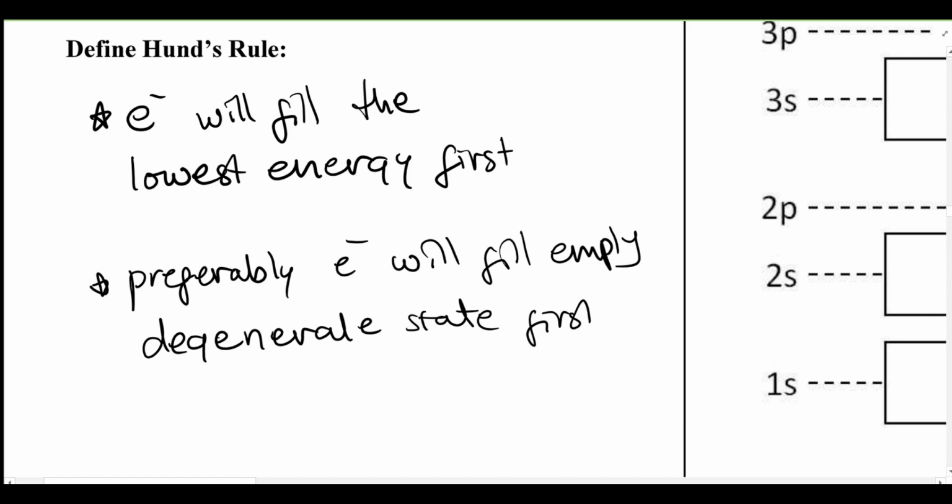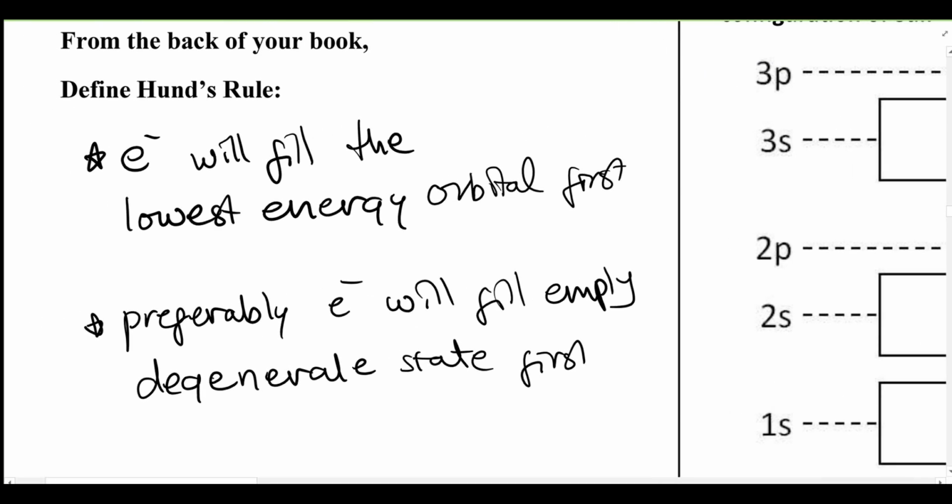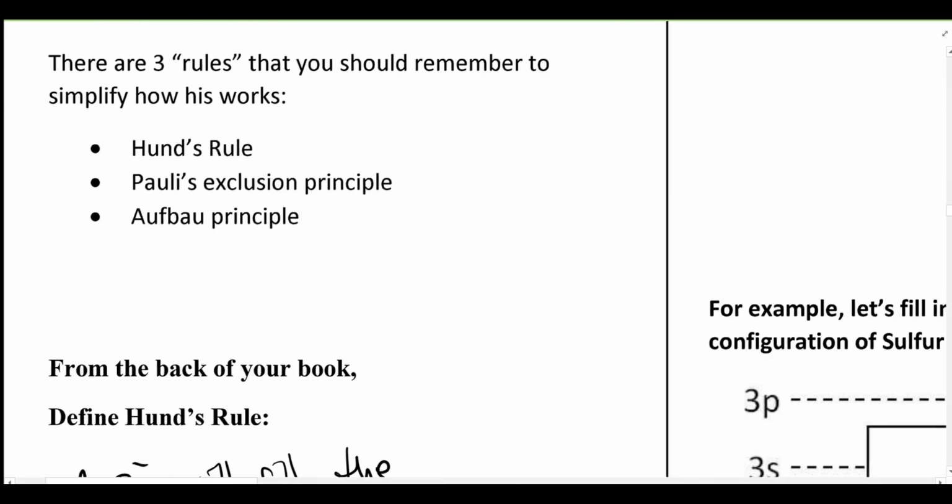Sorry, that's kind of the second thing. It's actually just an expansion of the first one. The electron will fill the lowest energy orbital first. And then if you have multiple orbitals with the same exact energy, it's going to fill the empty ones first before doubling up on the same one. We'll get into more of the exercises, but we're just going to write it down for now.